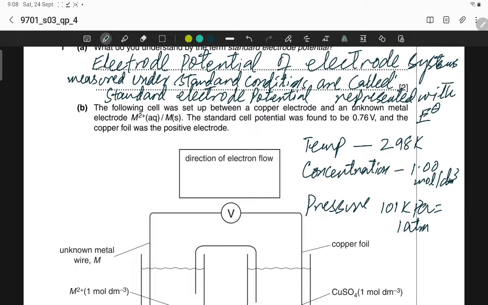And you know that the electrode system is the half cell consisting of a species in contact with its reduced form in aqueous solution. For example, this is a metal electrode system.